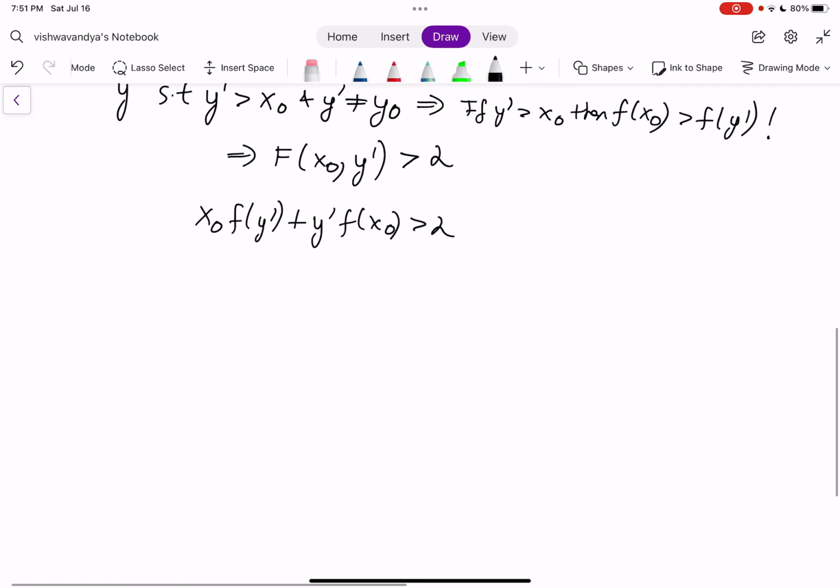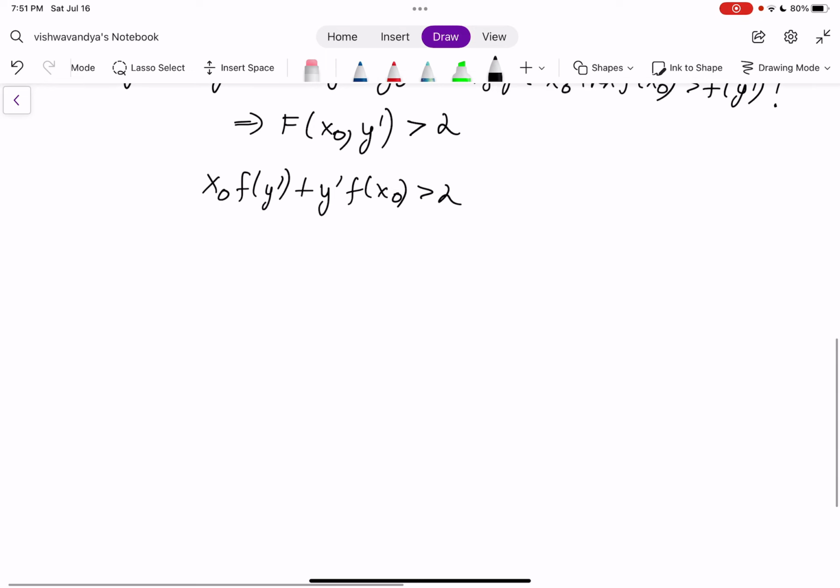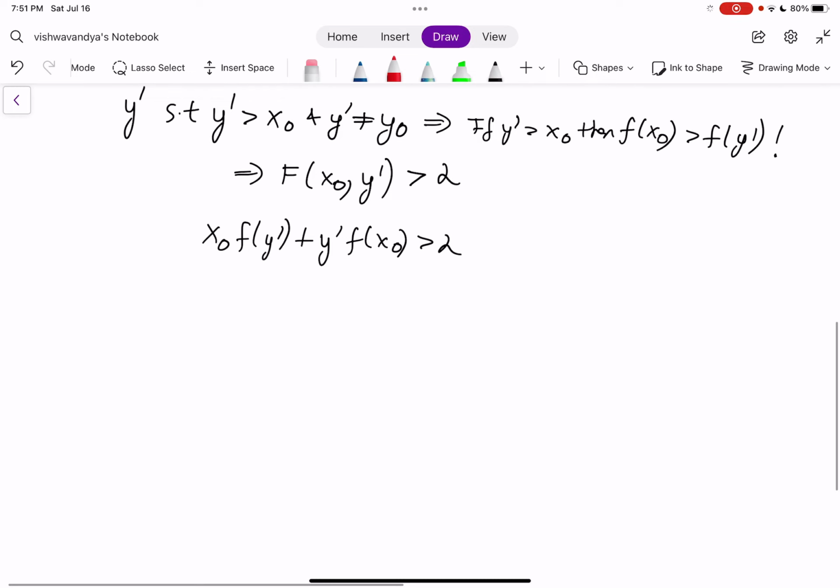So we can replace f of y prime by putting a bound: this is less than x naught f of x naught plus y prime f of x naught.